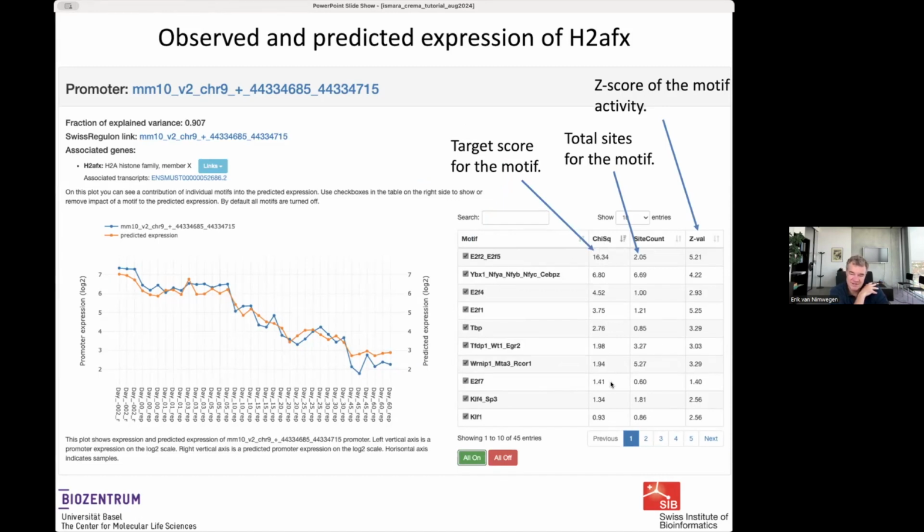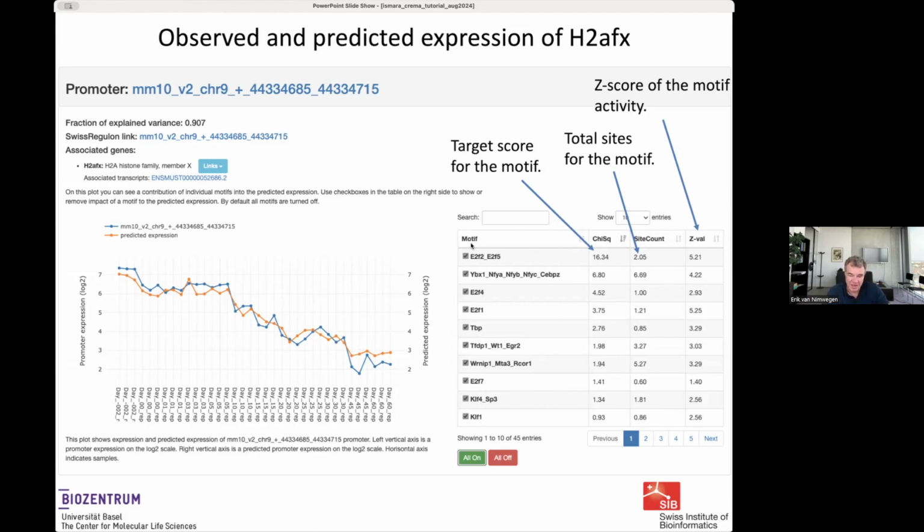So this is the chi-square score for each of the motifs. It's 16 for this top one, 6 for the next, 6.8 for the next one. This is how many binding sites this motif has in this promoter. So this E2F2, E2F5 motif has 2 binding sites, and this is the Z value of the E2F2 motif.